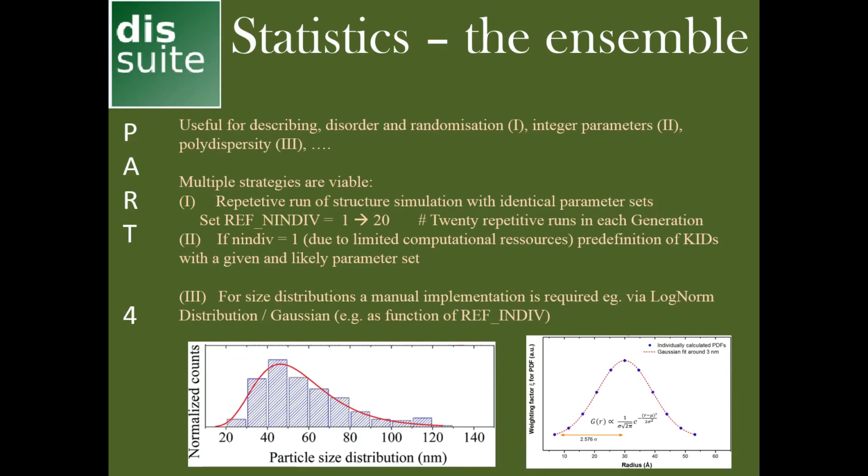The second problem you might encounter are integer parameters. Integer parameters, for example the layer count in a stack structure, can hardly be refined in a linear way. That means when you increase the layer number, of course the size in the layer direction or in the stacking direction is a step function.